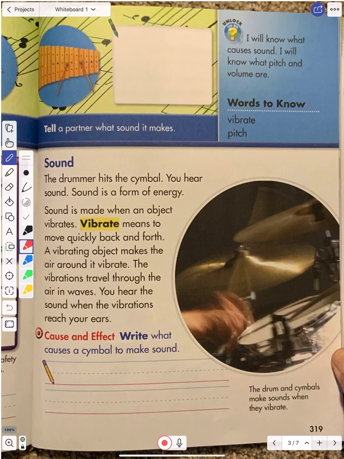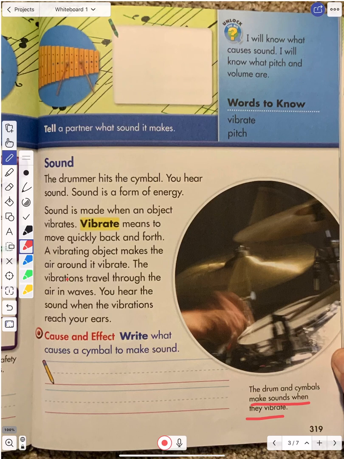But coming back to it, what causes the cymbal to vibrate? The cymbal makes a sound because it vibrates, and it vibrates because you hit it. So what makes the sound? It is a vibrating object. It makes sound when they vibrate.